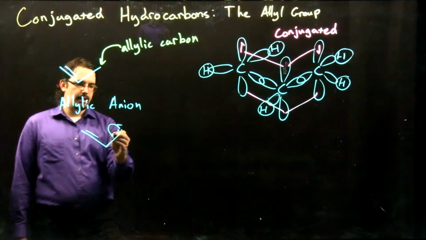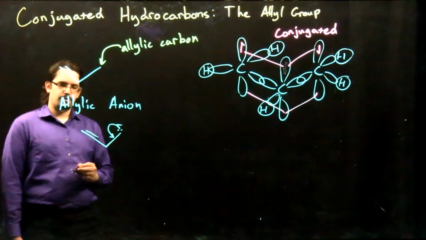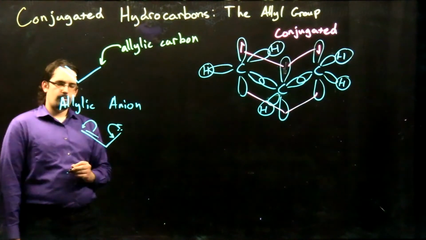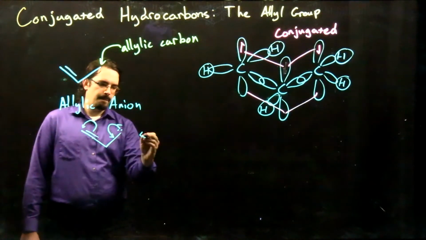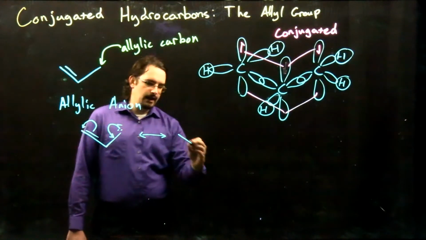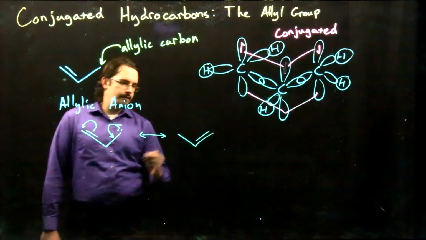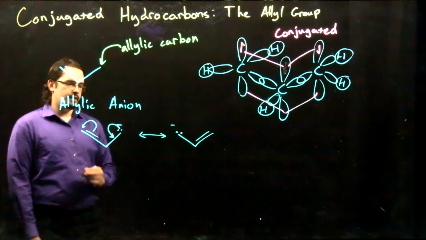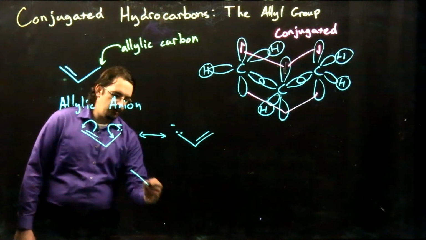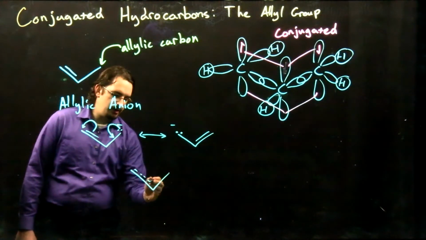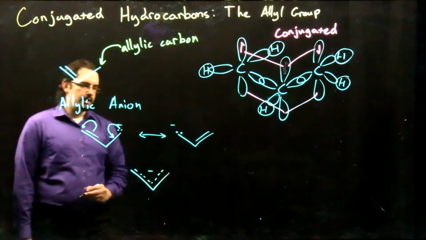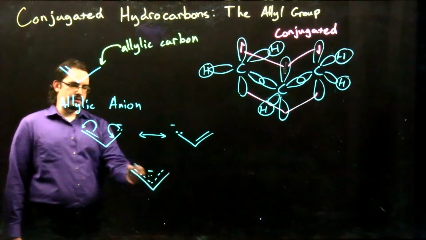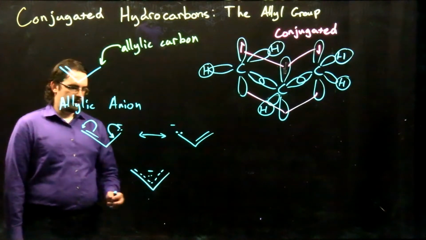So if I move my electrons down here to form a double bond between my 2 carbons, I need to move this double bond out of the way to make room for my new bond. And that results in my double bond moving over to the right, and my negative charge moving over to the left. Again, I can represent this as a hybrid structure with a partial double bond and a negative charge and lone pair of electrons shared between my 3 carbons.